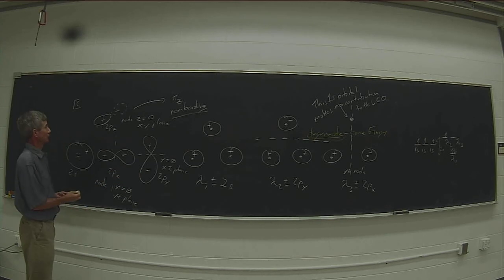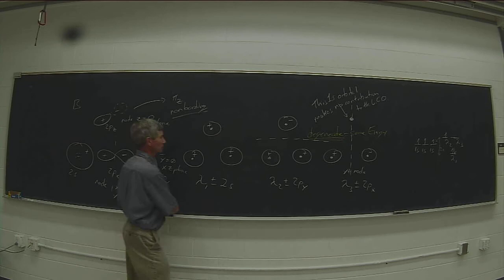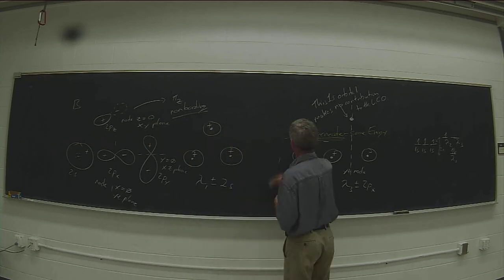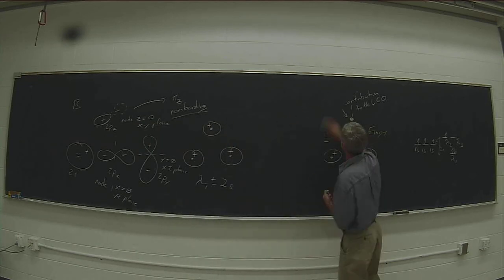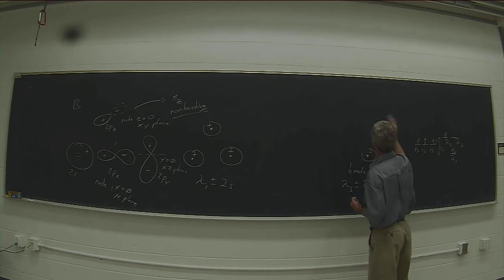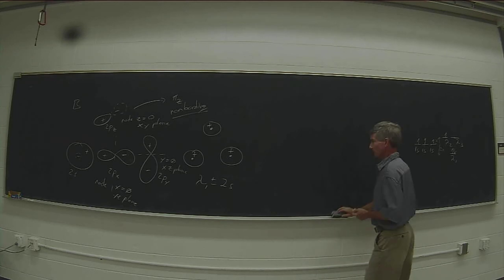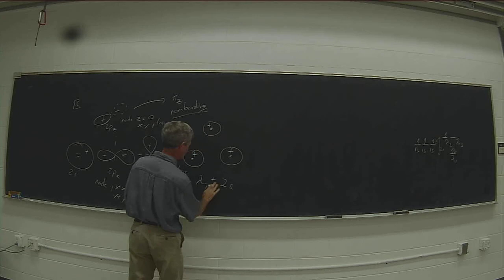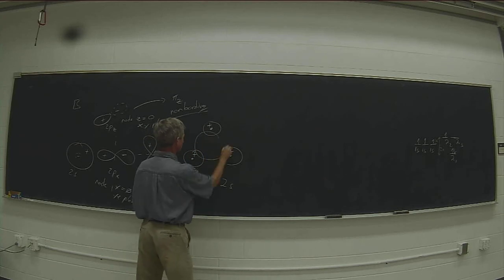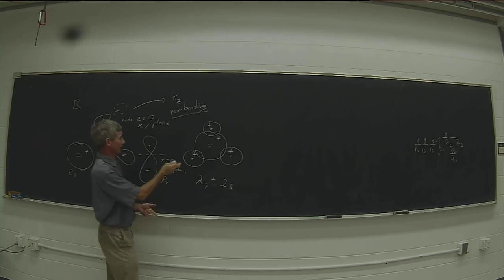So what do these look like? All right, let's take them one at a time. So lambda 1 plus the 2s will look like that. The inner lobe, again, doesn't really matter.